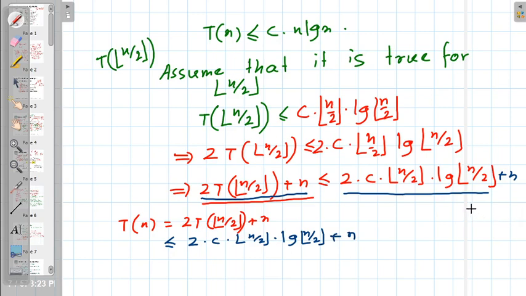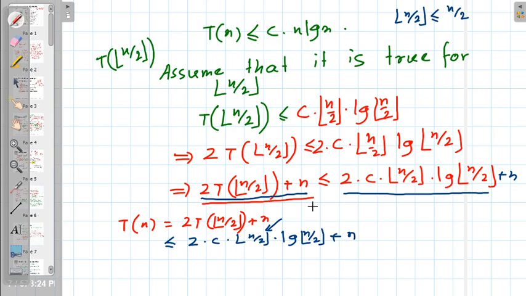And now you see that floor n by 2 is less than or equal to n by 2, that you know, right? So that inequality we will be utilizing here, and we will be omitting this floor as soon as possible, because floor and ceiling are very annoying.